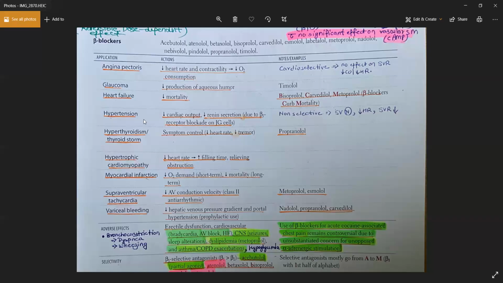Because see, if you give the patient these drugs in case of an acute heart failure, then they will decrease the cardiac output, they will decrease the heart rate, right? But in case of an acute heart failure, you need the cardiac output, right? And if you give these drugs, they will increase the severity of the disease, right?